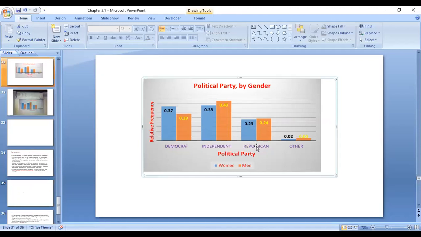Independent, this is Republican, this is the woman, this is the man. The other the woman, this is the man. Look on the graph, you will see the Democratic woman and man, Independent woman and man, Republican woman and man, and other woman and man.